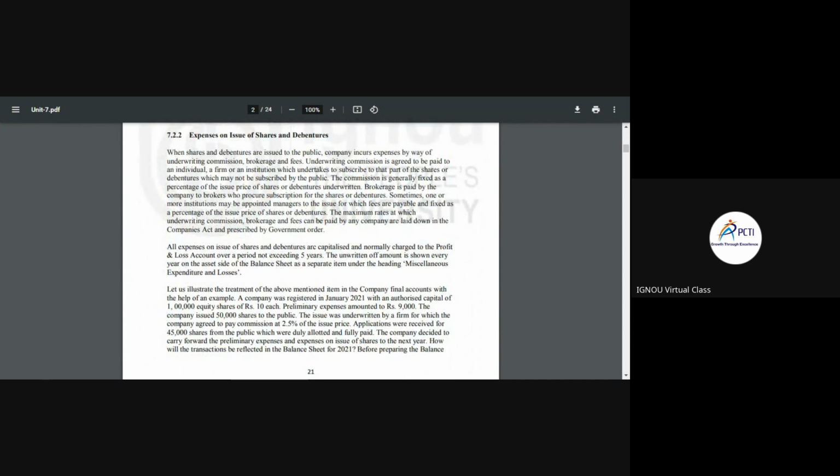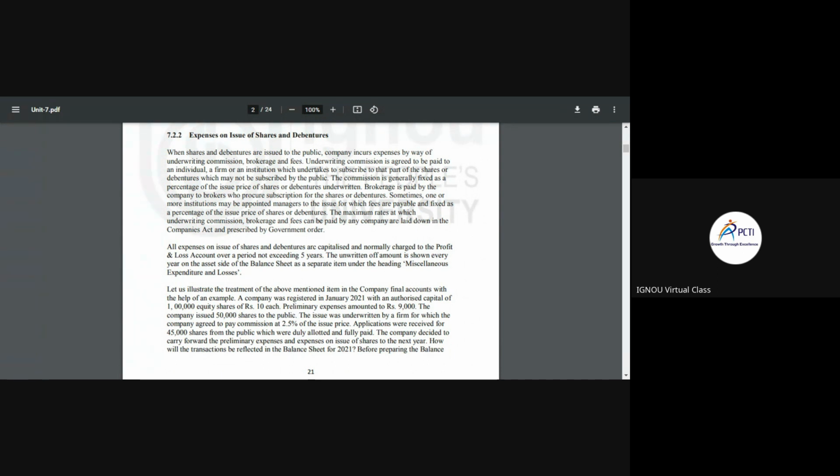When we issue debentures to the public, or we issue shares to the public, there are some expenses which we need to bear in that issue of shares and debentures.